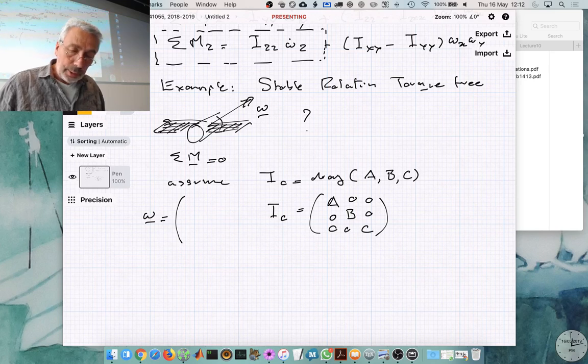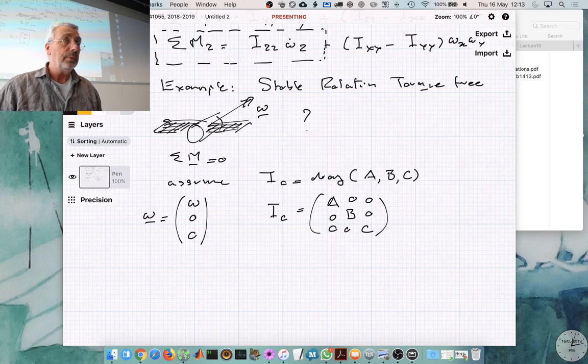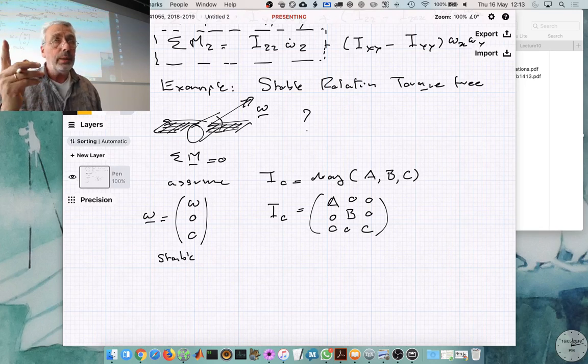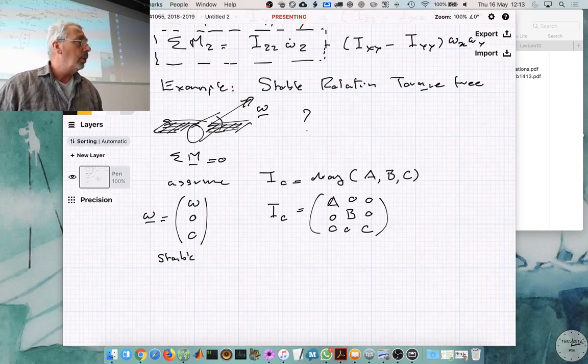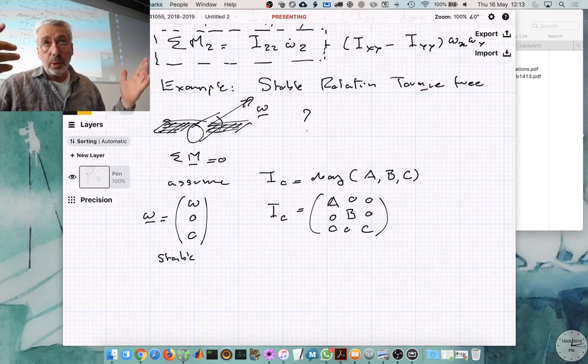Around the first axis? Yeah, that's an omega around the first axis, and for the rest zero. And then the question is, is this stable? Will this always remain rotating about that one axis? And in this case, it's the axis with the mass moment of inertia A.